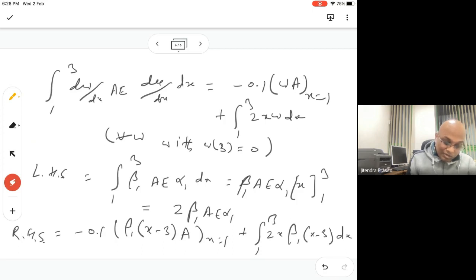If you put x equal to 1 here, it becomes 1 minus 3, so minus 2. So this becomes minus 2. Minus 2 multiplied by minus 0.1 becomes plus 0.2, so 0.2 beta 1 A.